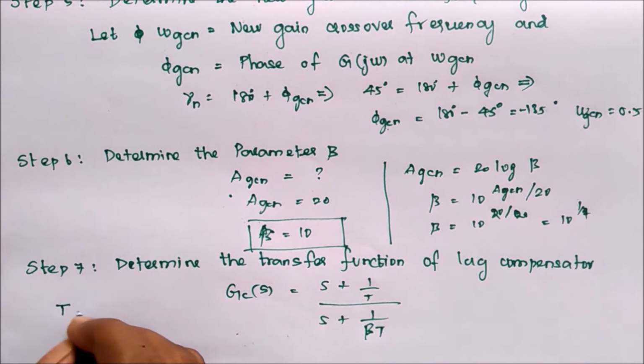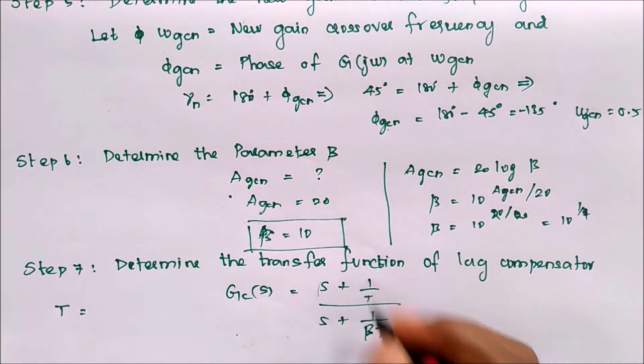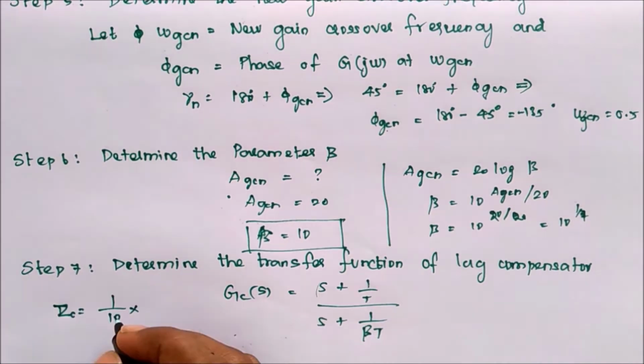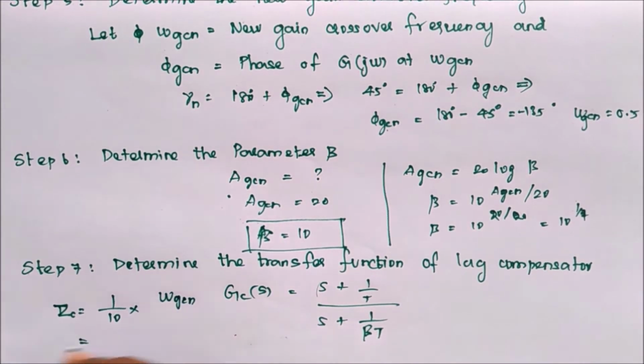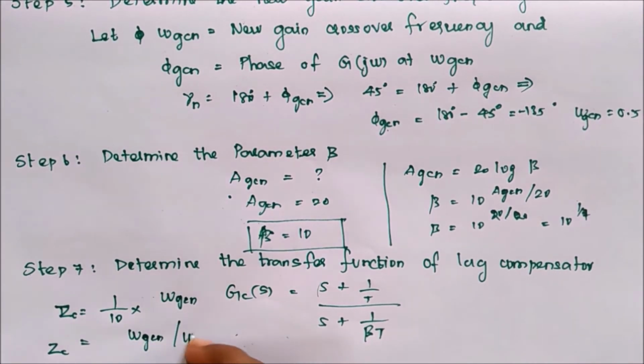The zero of the compensator is placed at a frequency 1 by 10th of omega GCN, so ZC equals omega GCN divided by 10.